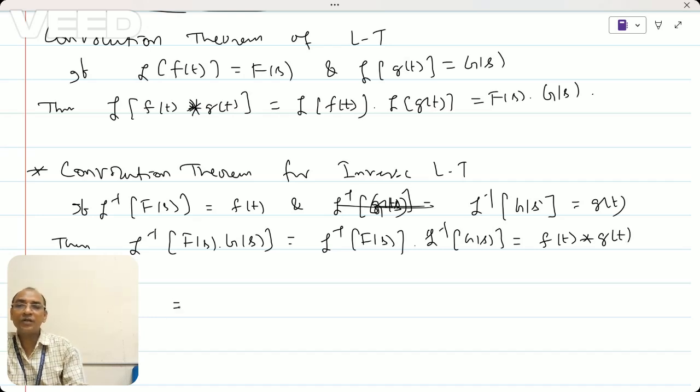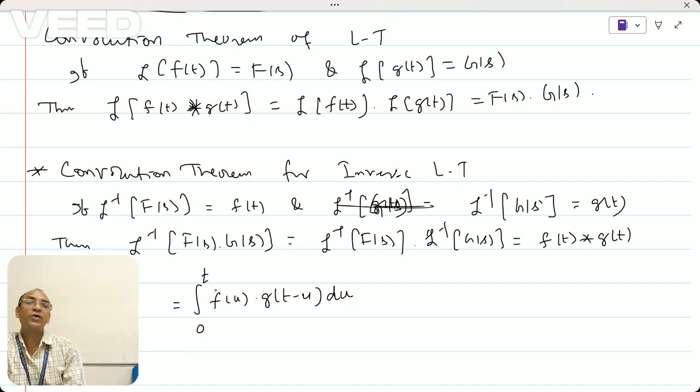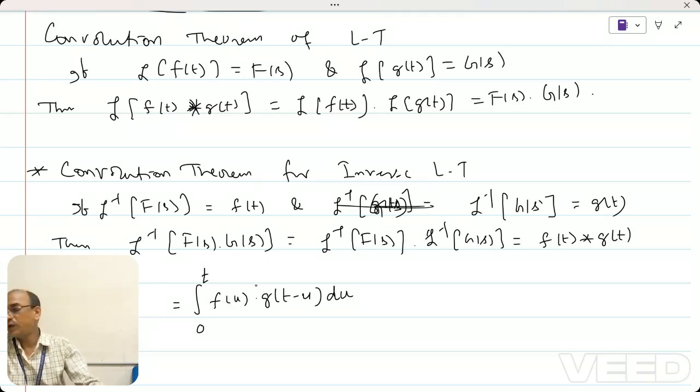But f of t star g of t is nothing but integration 0 to t f of u into g of t minus u, integrated with respect to u. So when I ask you to find an inverse Laplace transformation using convolution, finally you have to find the integration from 0 to t f of u g of t minus u du.